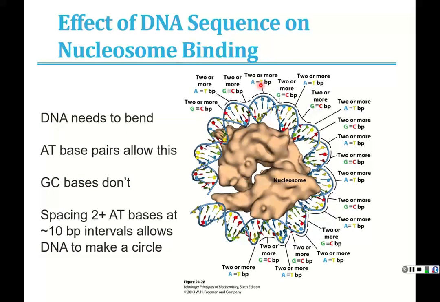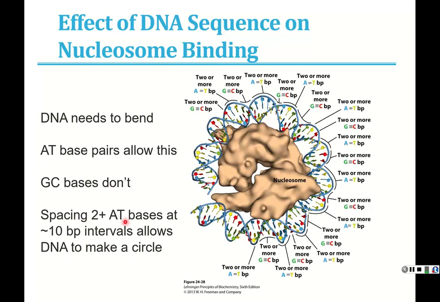There's actually a specific DNA sequence that helps bind to a nucleosome, and that is AT pairs. AT base pairs allow the DNA to bend. GC bases don't really allow this bending as much.